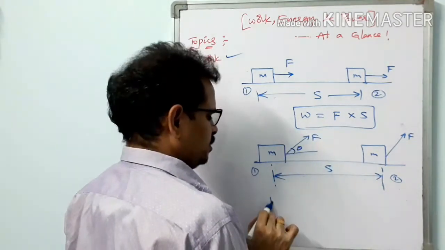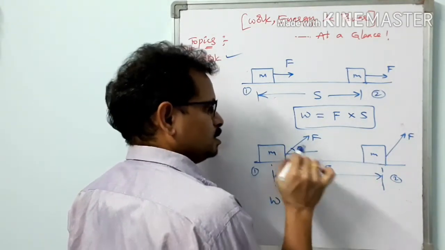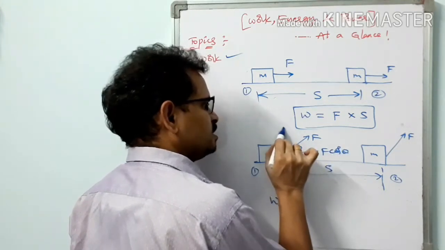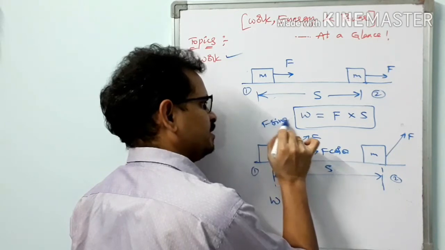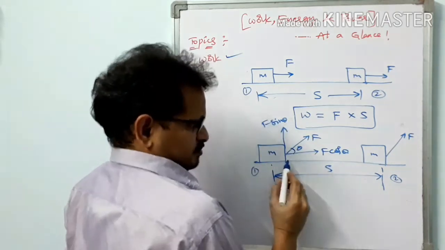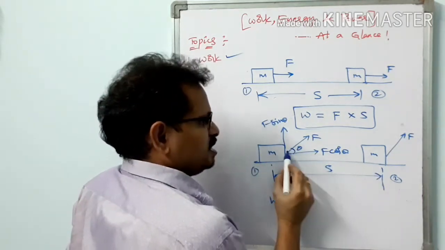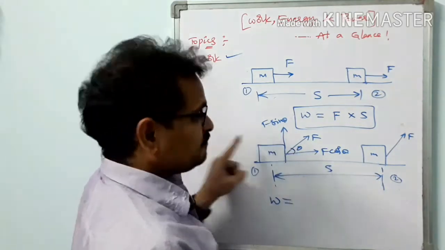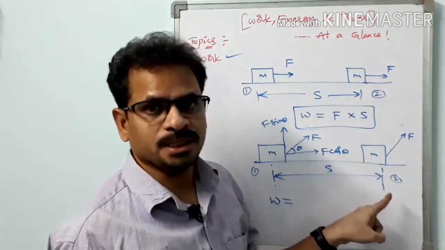Let us resolve the force here. This is F cos theta and this is F sin theta. The displacement is along the x-axis, F cos theta is along the x-axis and F sin theta is along the y-axis. So F sin theta has nothing to do with this displacement.